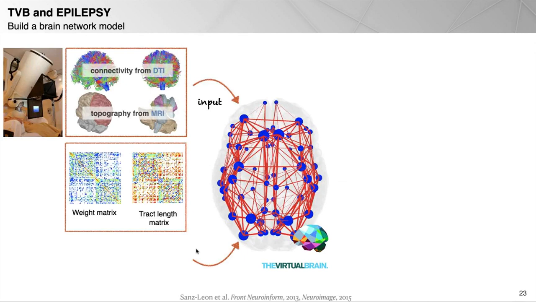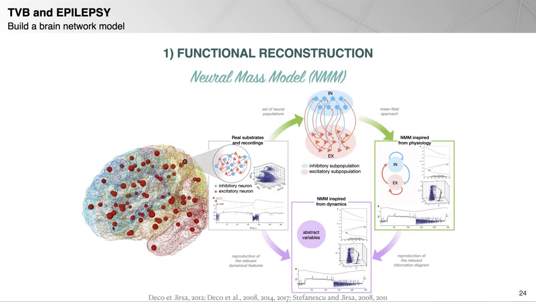Okay, so once we have integrated, we are creating our brain avatar and the structure of the brain. Now we need to put a neural mass model on each brain area. The neural mass models account for the global activity of the underlying networks of neurons.